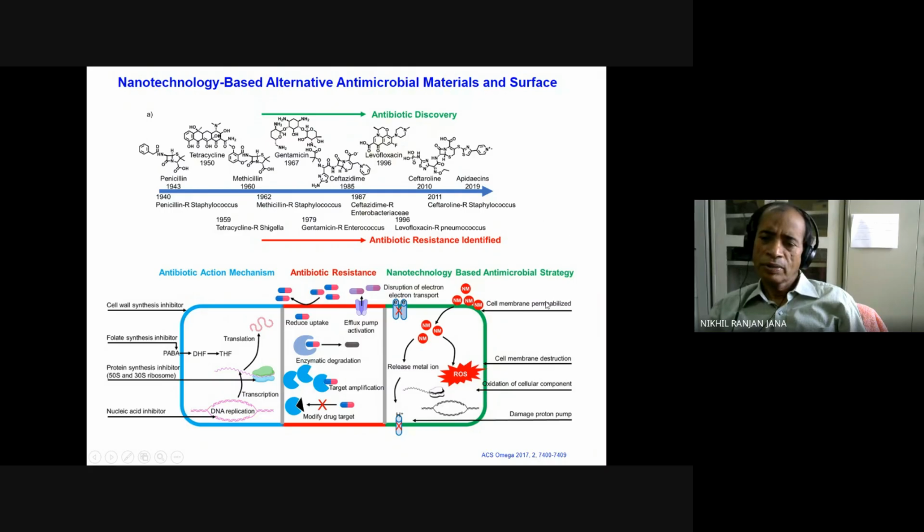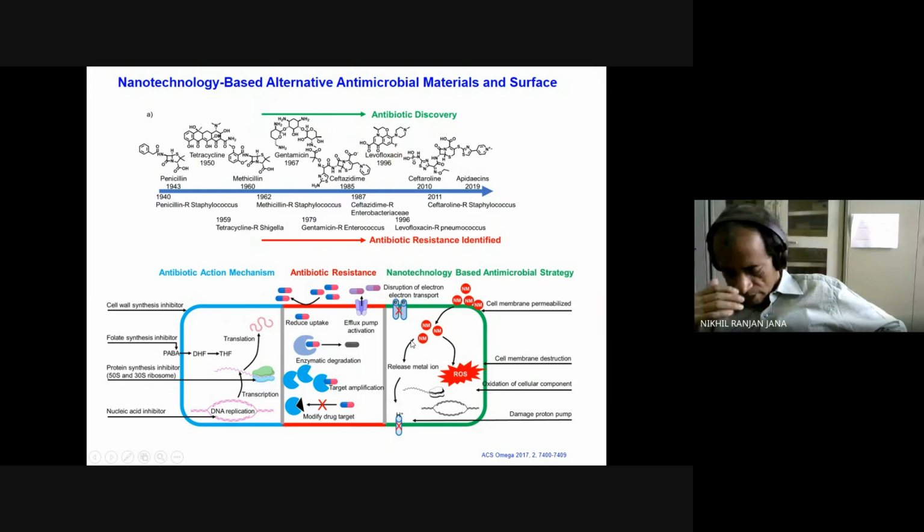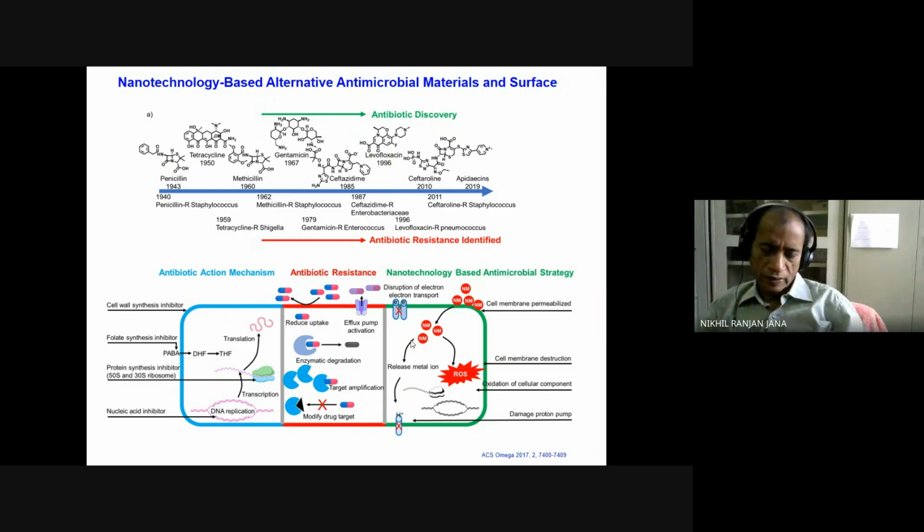Conventional antibiotics can be delivered using nanocarriers so that they can bypass these antibiotic resistance mechanisms. In addition, there are many nanoparticles that generate reactive oxygen species in the presence of sound or light, or sometimes in the presence of biochemicals. Endogenous hydrogen peroxide present in our body can also be used for generating reactive oxygens. So nanoparticles themselves can be antimicrobials, antibacterials.